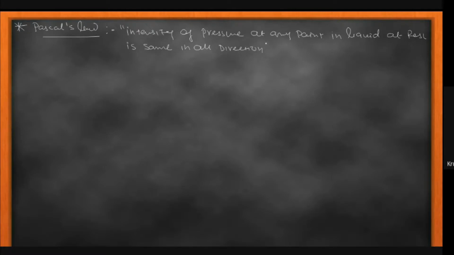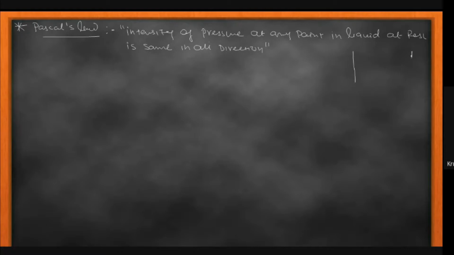So first we need to understand the meaning of the law of Pascal. The intensity of pressure at any point in the liquid at rest is the same in all the directions. Students, what is exactly the meaning?